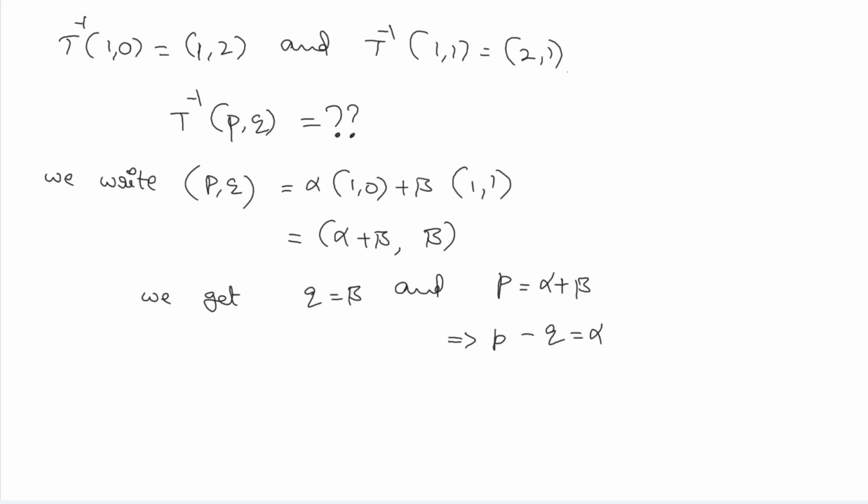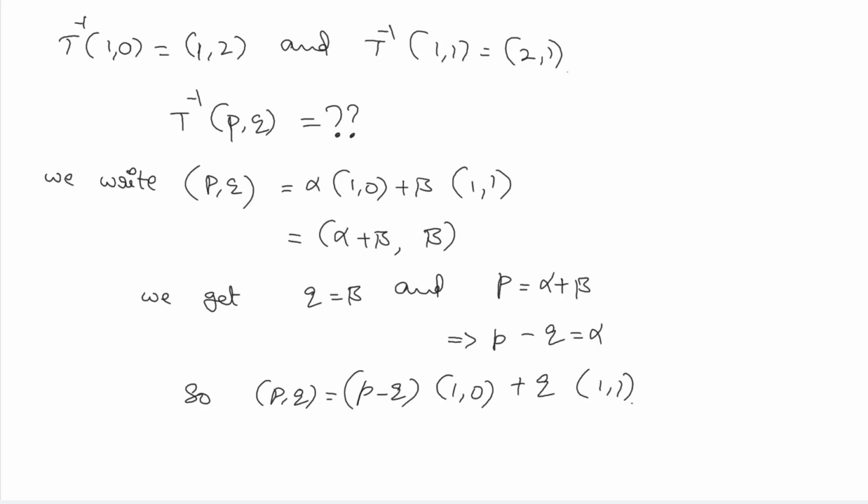So we have the values of alpha and beta. By substituting these in this equation, P comma Q can be written as the linear combination p minus q times 1 comma 0 plus q times 1 comma 1.